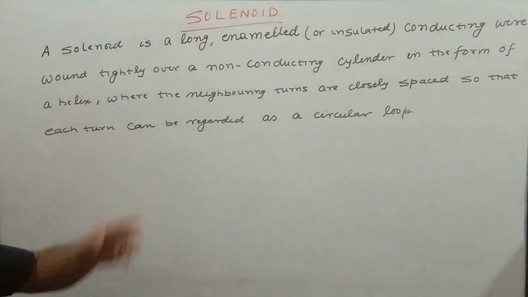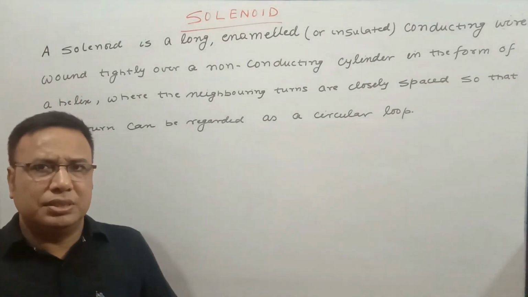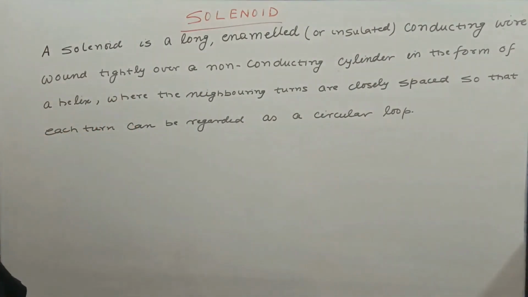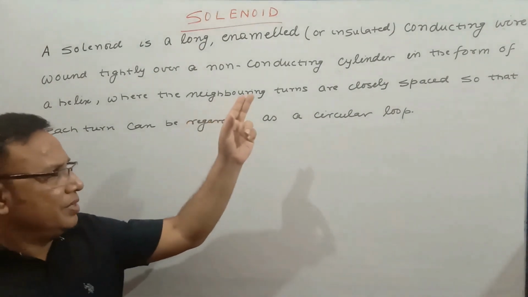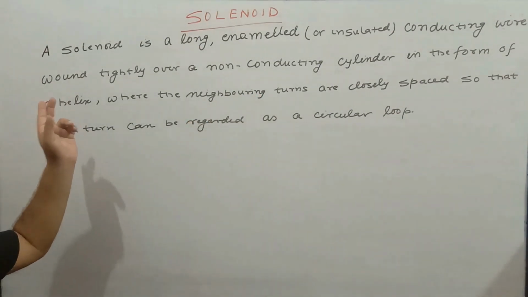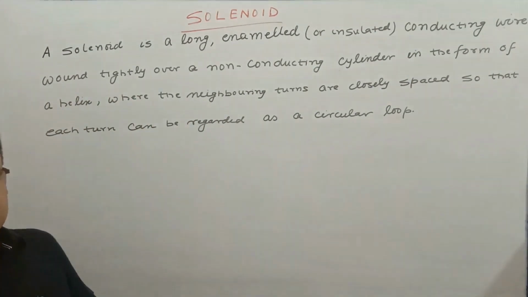Now we have the definition of a solenoid, what we see on the board. A solenoid is a long enameled, simply meaning insulated, conducting wire wound tightly over a non-conducting cylinder.